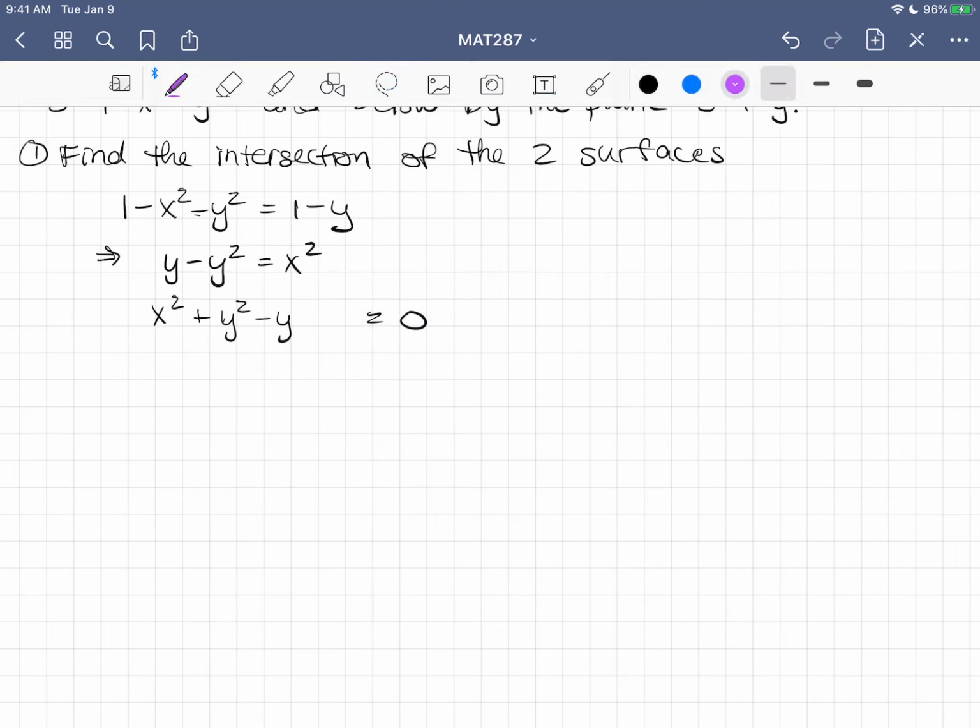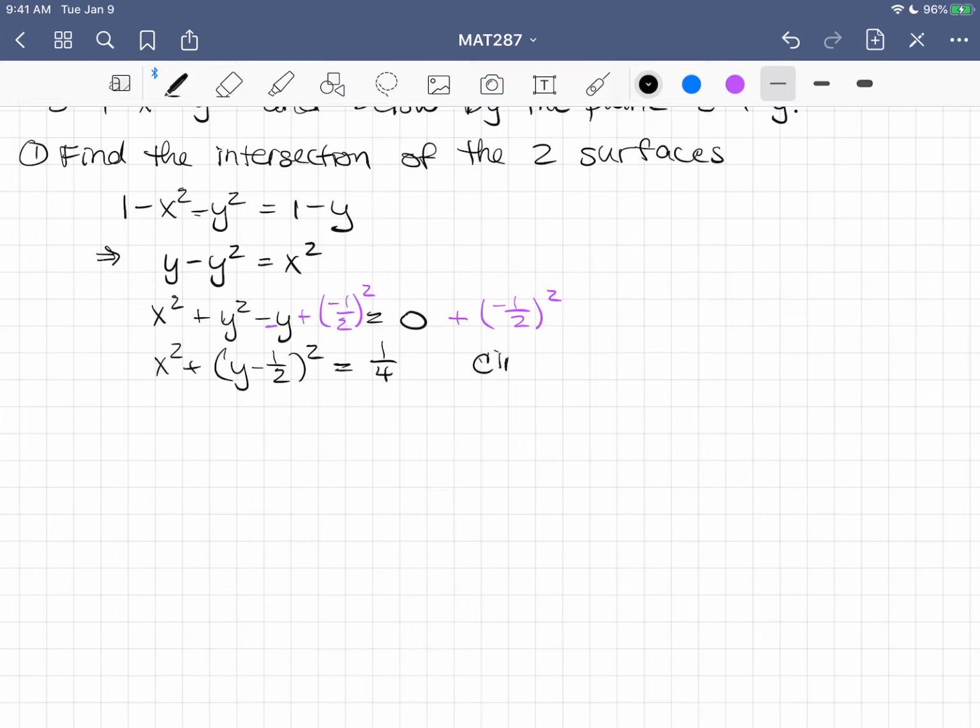Okay, so remember when you complete the square, you add half of b, squared, so negative 1 over 2 squared, and I need to add it on both sides. And so this factors as x squared plus (y minus 1/2) quantity squared equals 1/4. All right, so what is this?